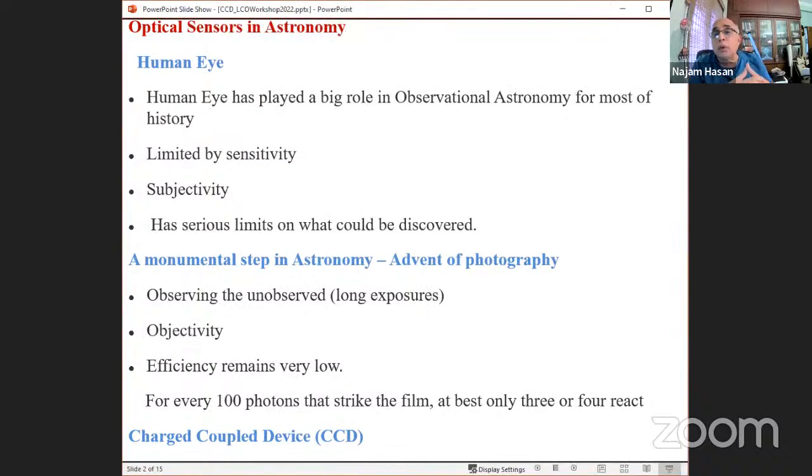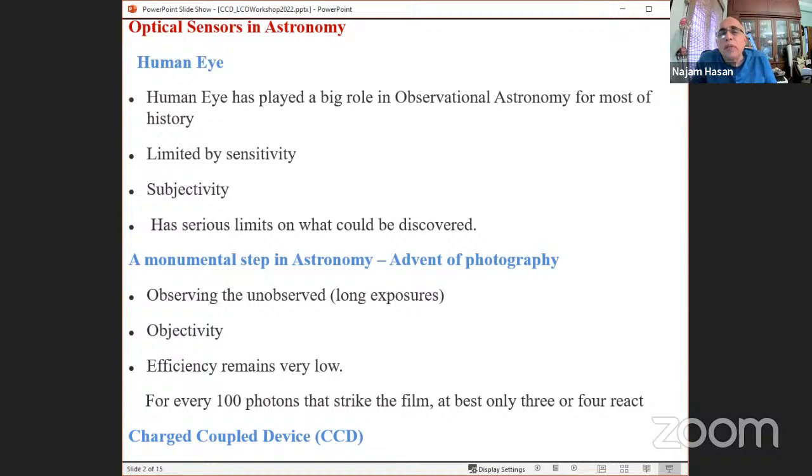The second thing photography added is objectivity. You could record this and there was no subjective element of the observer, but what got recorded was what we saw. But there were issues with photography too. The efficiency, even though it was more efficient than our eye, remained pretty low.